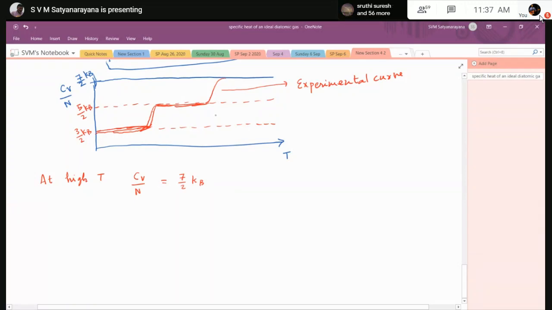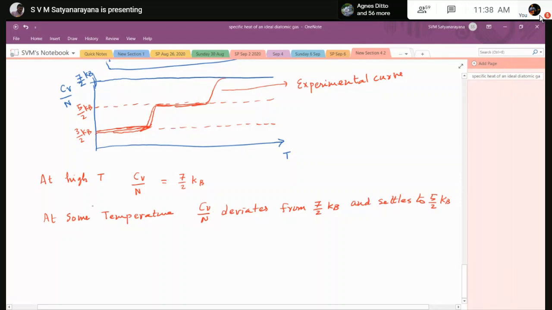But then at some temperature, CV by N deviates from 7/2 kB and settles to 5/2 kB up to some temperature.